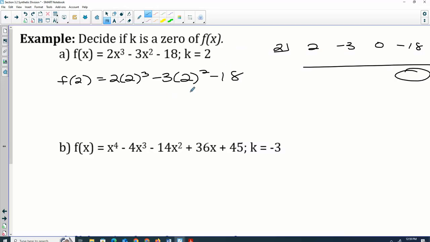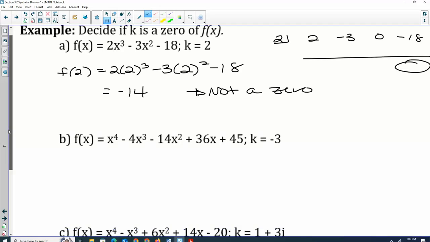What do you get? So what did you guys get? Okay. Yeah. So, what does that tell me? Not a 0. It gave me my remainder. My remainder is -14 if we divide, so it doesn't go evenly.